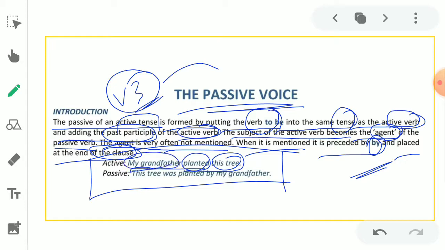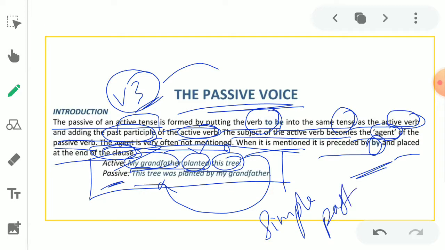Here my grandfather is the subject, planted is the verb, and this tree is the object. In the passive form, this tree comes first. Because the tense is simple past, the helping verbs are was or were.